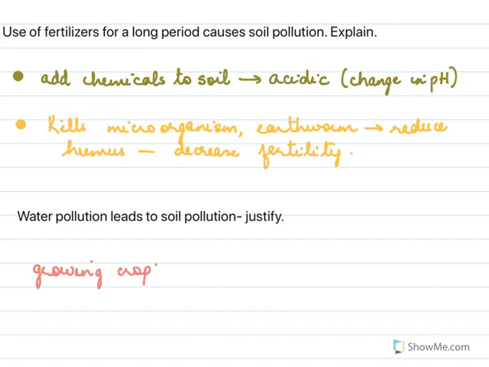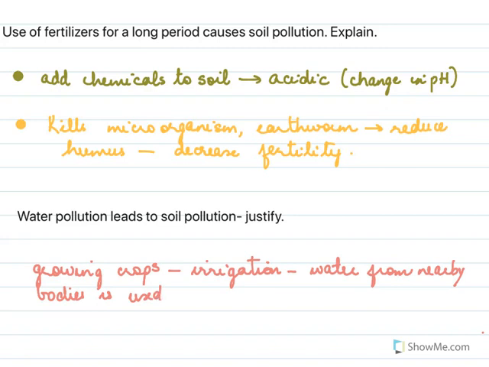For growing crops or for irrigation, water from nearby bodies is used, and if this water is polluted, it would cause soil pollution.